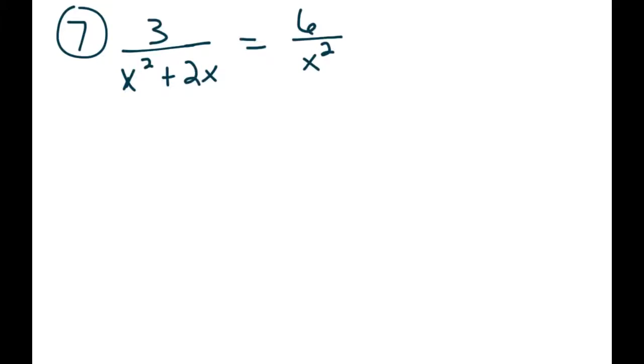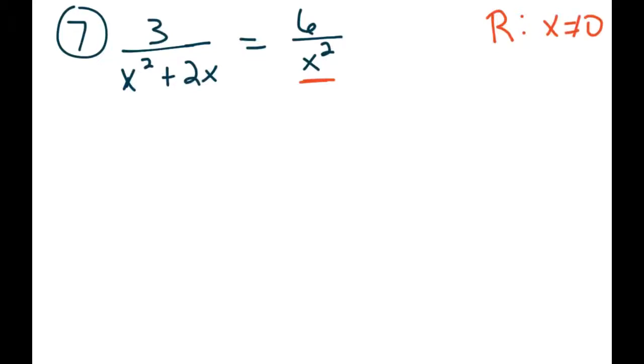I've got a single fraction set equal to another single fraction. So I can cross-multiply here, but we are going to remember this time to do our restrictions. So for the x squared, the square root of 0 is 0, so x can't equal 0.